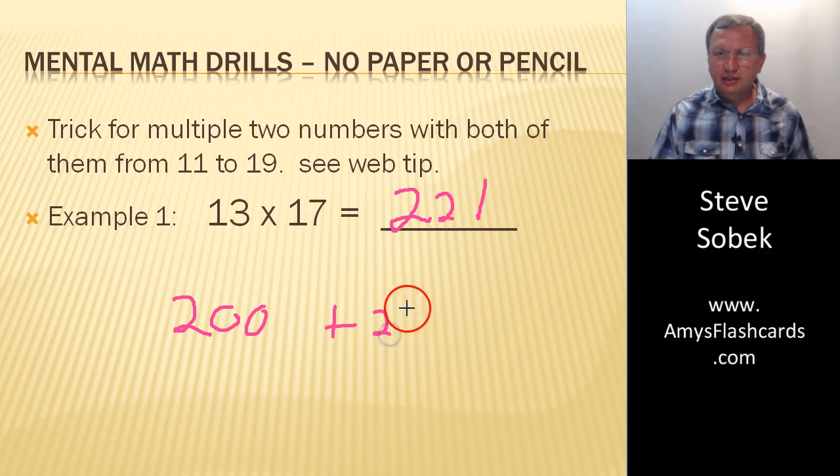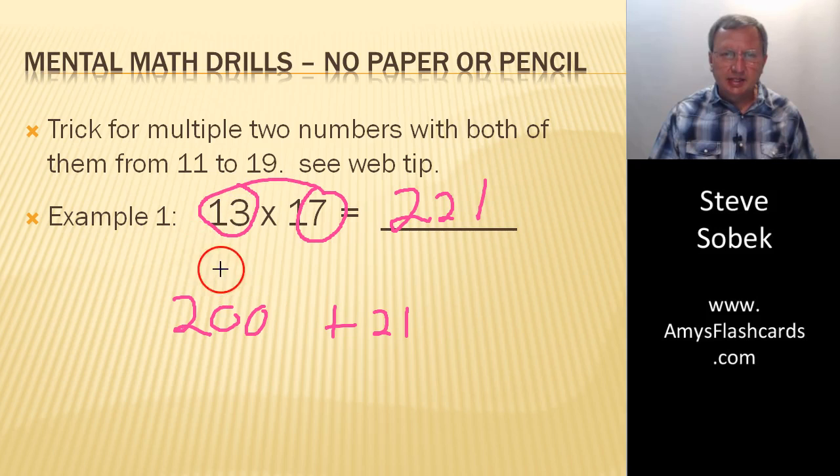Here's how the strategy works. You first add this 7 to the 13. That gives you 20. Add a 0. Okay. 7 and 13 is 20. Add the 0. You have 200. And then add the product of 3 and 7. That's 21.